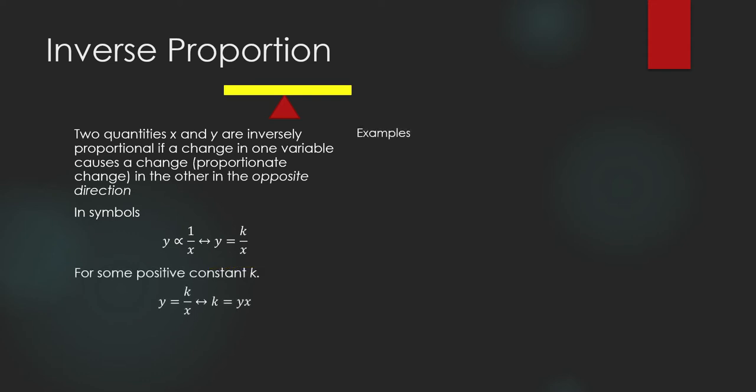These are some examples. Time to finish a job and the number of workers working on that job. The time to finish a job is shorter when you have more workers working on the job. Again, let us read this.